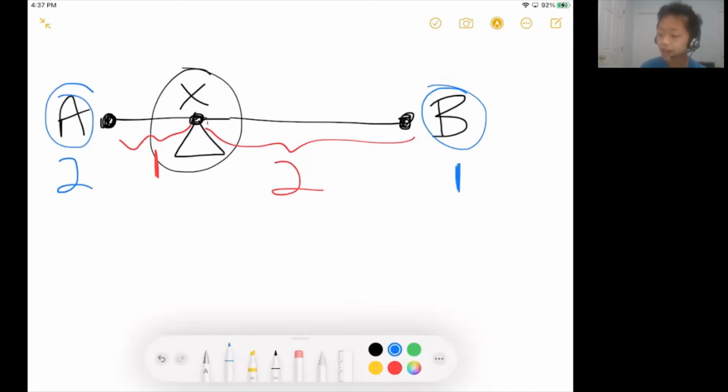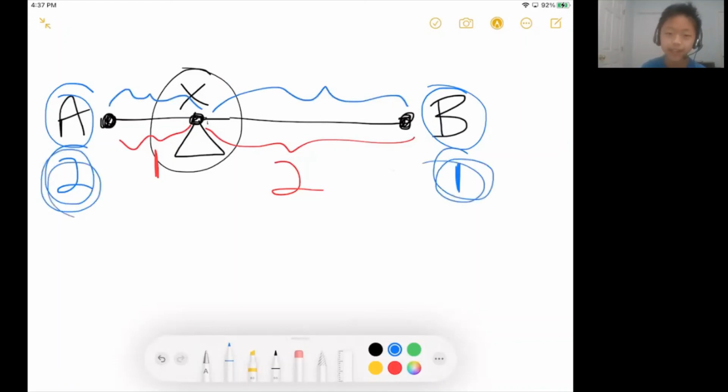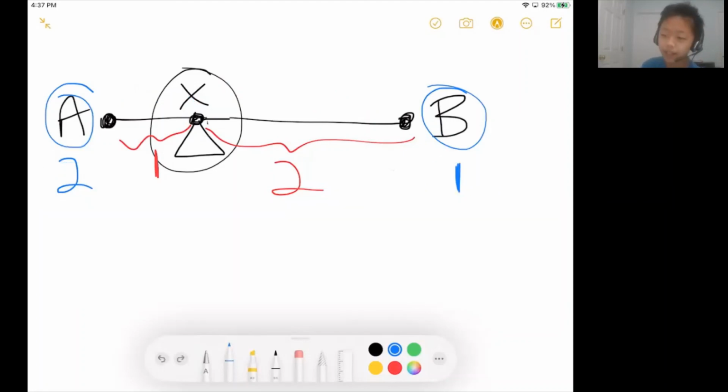If the lever arm here is double, then you want the weight here to be double in order for it to balance out. And this is the idea of mass points.